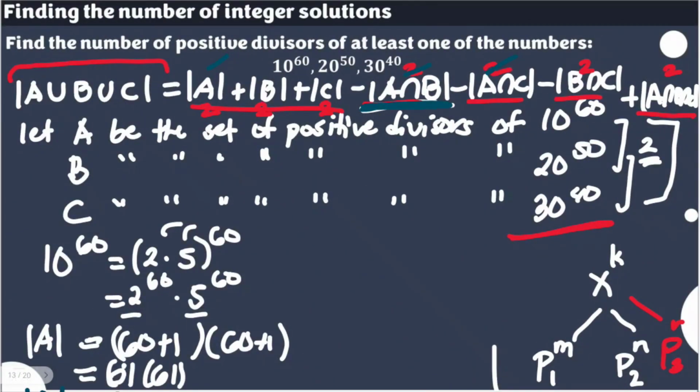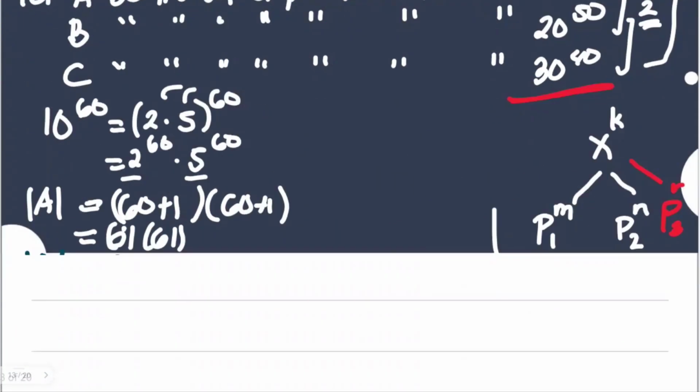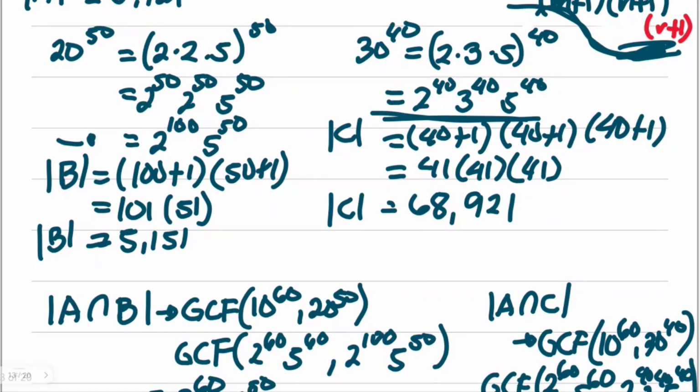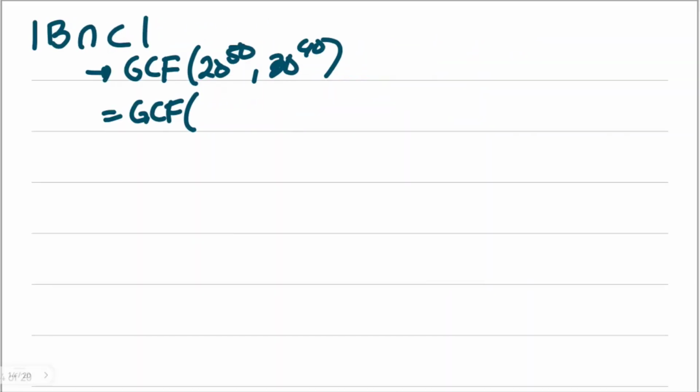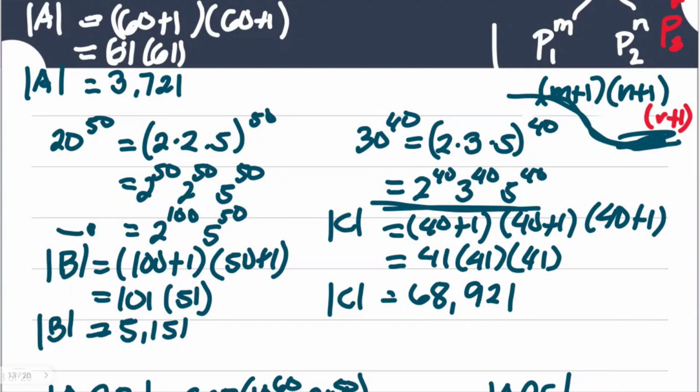This is equal to the GCF of 20 to the power of 50, which has 3 factors, 2, 3, and 5 raised to the power of 40: 2 to the power of 40, 3 to the power of 40, 5 to the power of 40, and then for 30 to the power of 40. This is actually my bad. So it's 2 to the power of 100 and 5 to the power of 50.